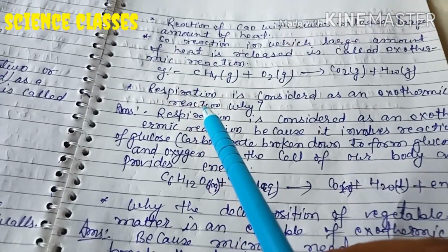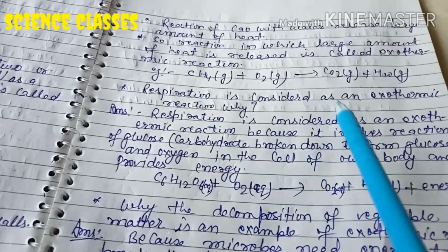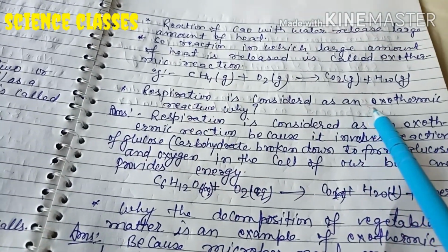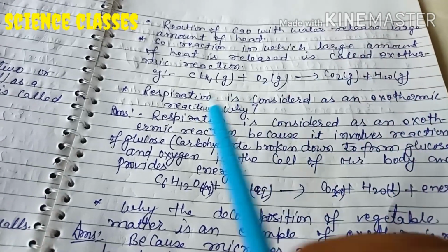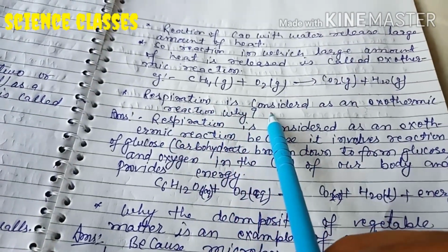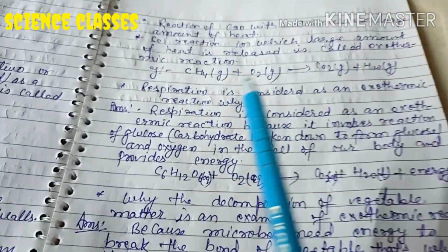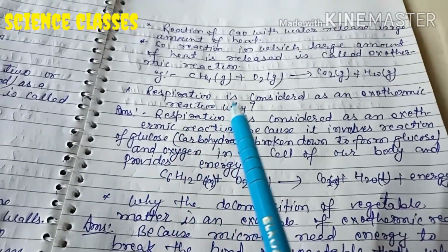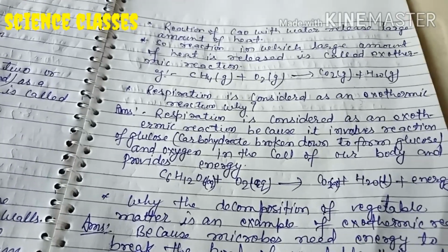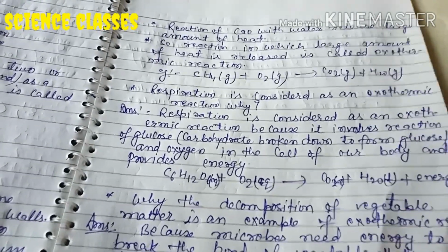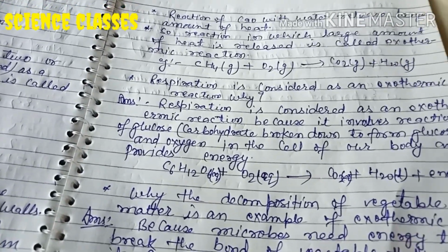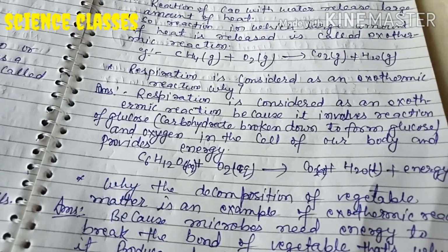We know that respiration is also an exothermic reaction. Why? We know that in an exothermic reaction, heat will be released, or we can say that energy is released here.